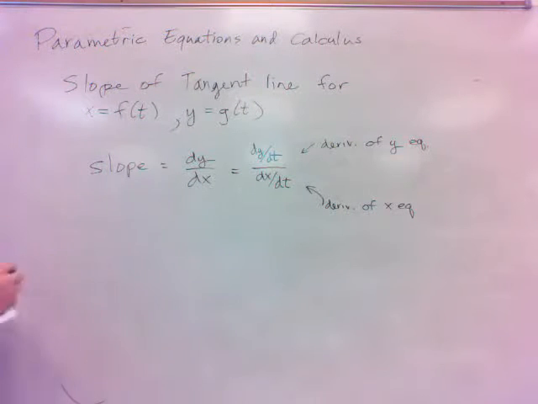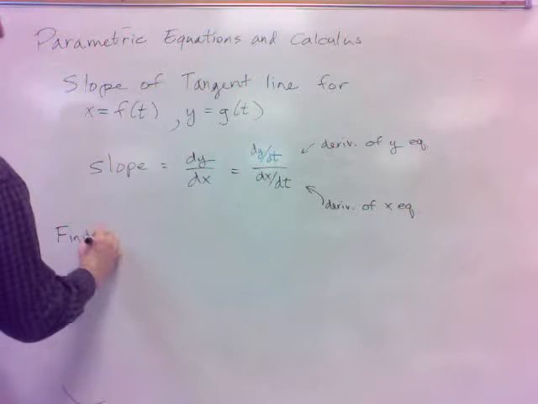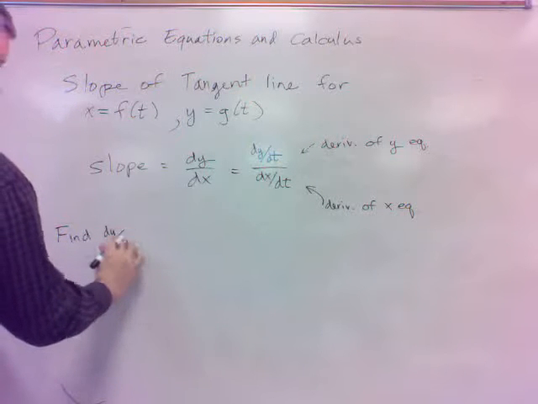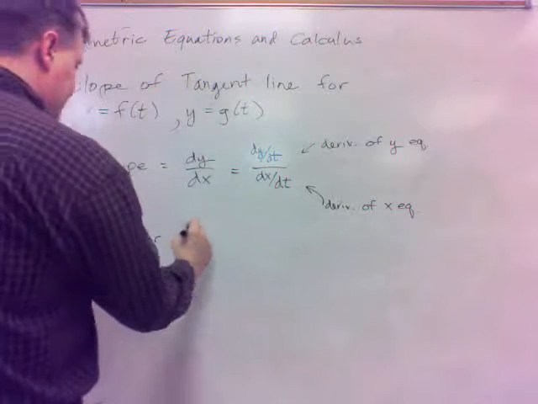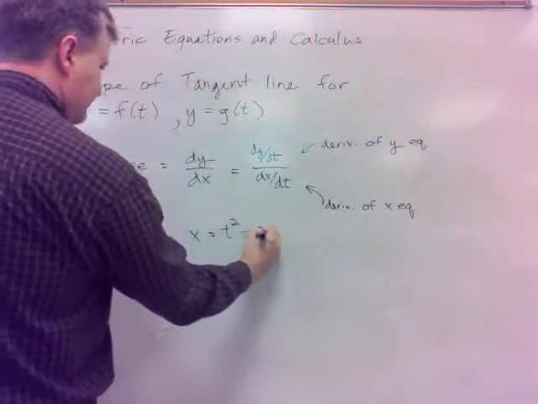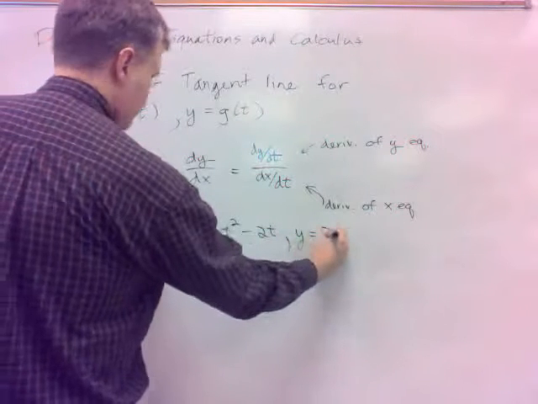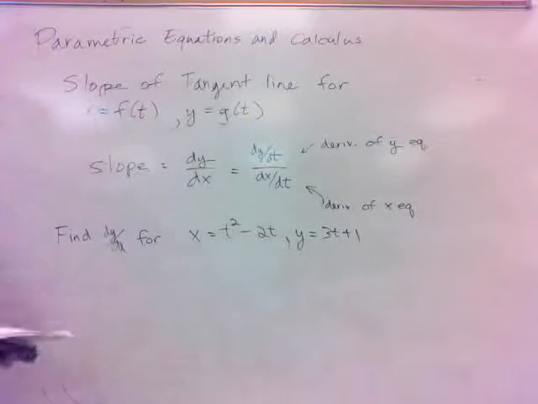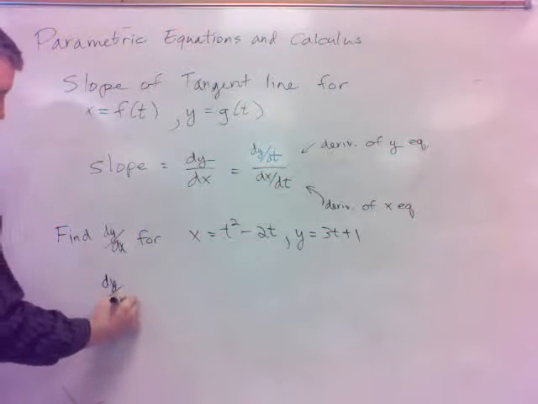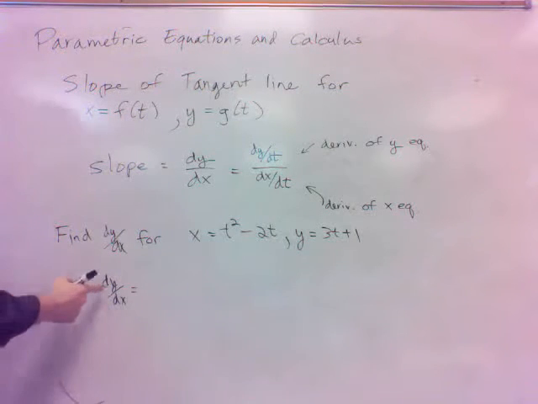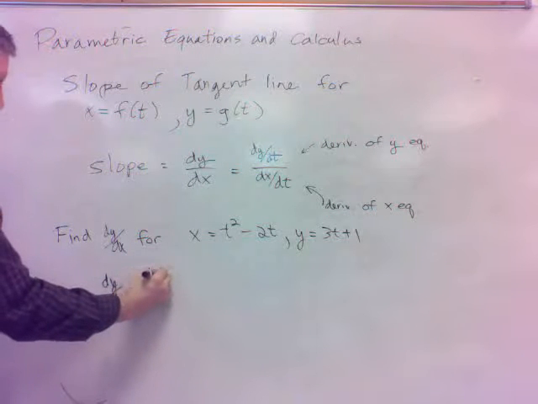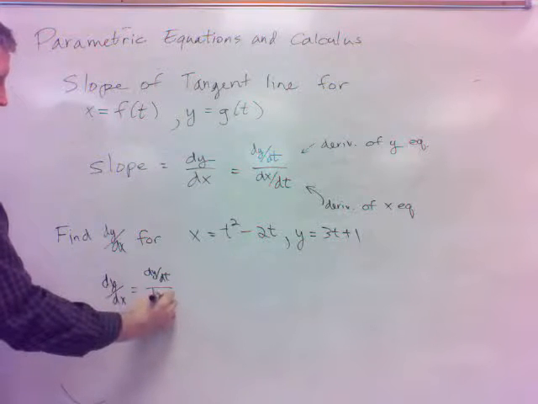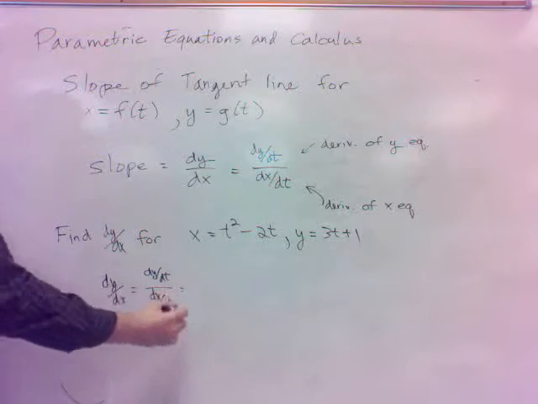Okay? So let's find dy/dx for x equals t squared minus 2t, y equals 3t plus 1. It's really not too bad. So dy/dx, you just have to remember the order here, which is not hard. dy/dx is going to be dy/dt over dx/dt.